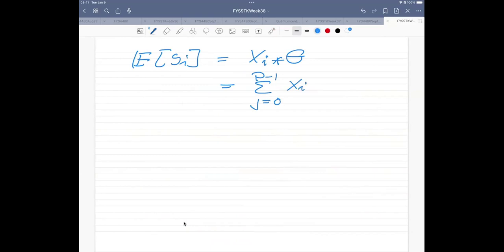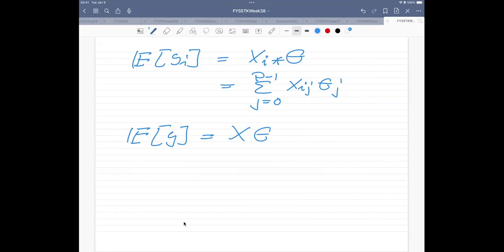We have assumed that these quantities are not stochastic variables, and epsilon_i has mean value equal to 0. So in principle we can write E of y as simply x times theta.